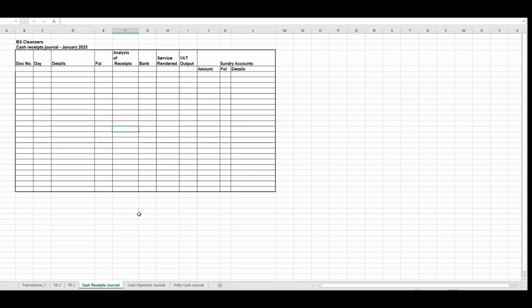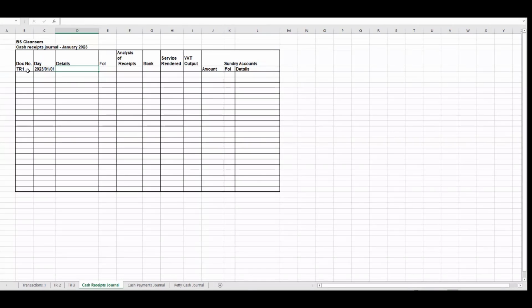So cash receipts journal, it was on 1 January. The document number is transaction number 1, and it was on 1 January 2023. And this is the cash from Miss B.S. Tolle.